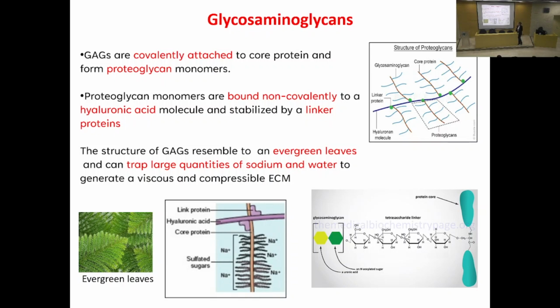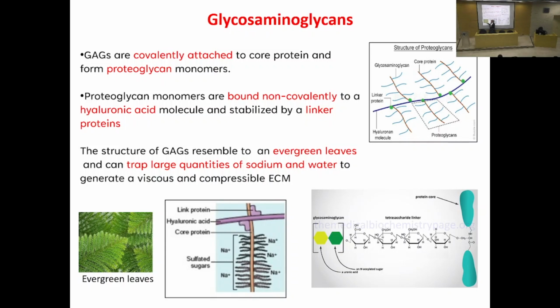So, as I said, when you look at the picture, this picture resembles a bit what we call the evergreen leaves, the evergreen tree. There you can see the leaves, which resemble a bit the proteoglycan, all right? So here you have your glycosaminoglycan, and you have your hyaluronic acid molecules, all right?